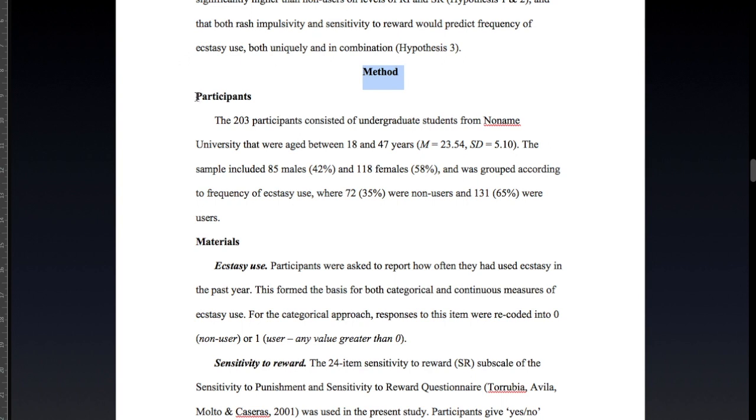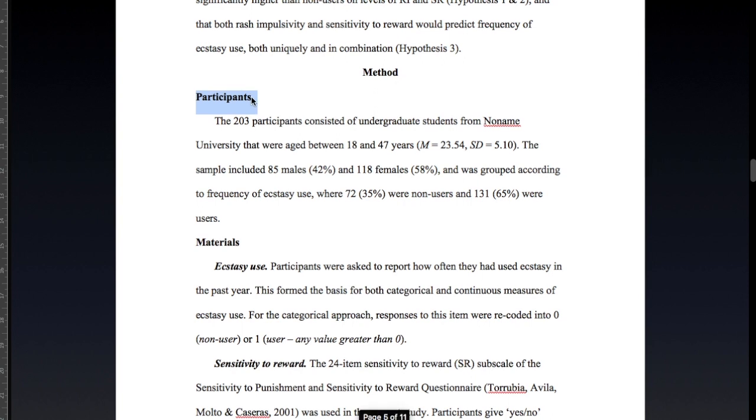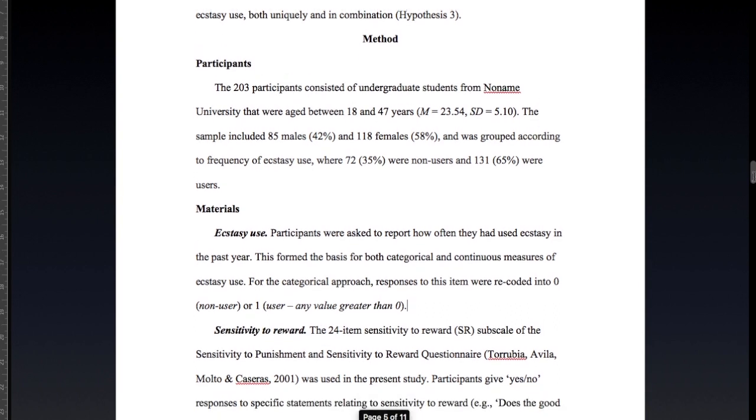Let's go with level 1. And this would be a level 2 heading, and this would be a level 3 heading. So that way we just know that participants falls under the method section, and the materials also falls under the method section, and the ecstasy use falls under materials, which falls under the method section. It's just a way of organising things so it's clear.